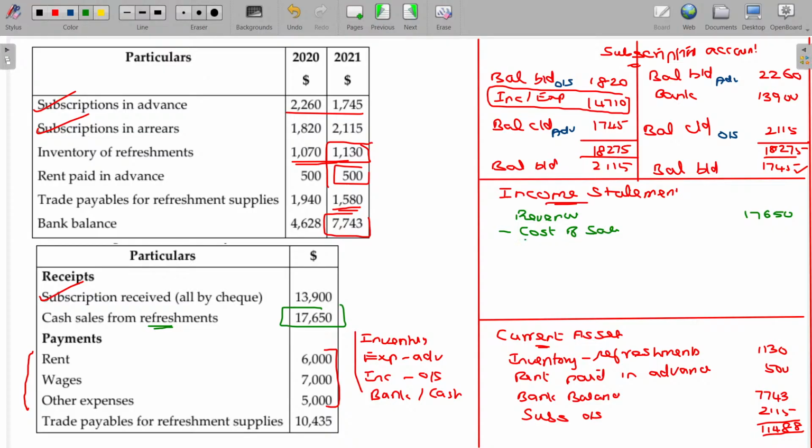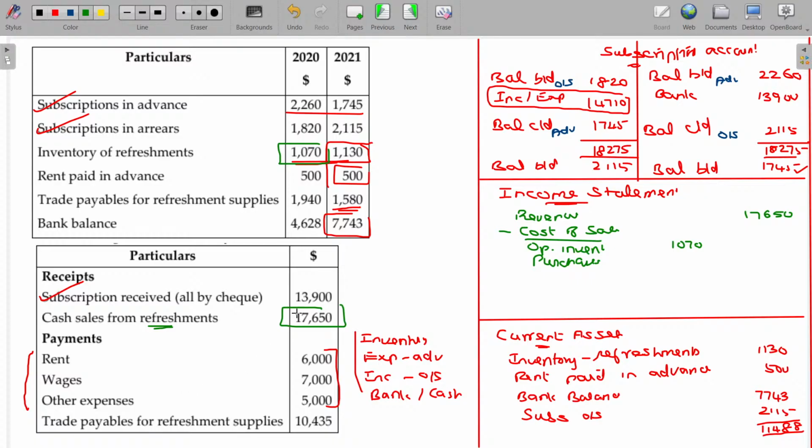You have to start with the opening inventory. Here the opening inventory being 1,070. Add purchases. Do we have any purchases information? We don't have the purchases information.